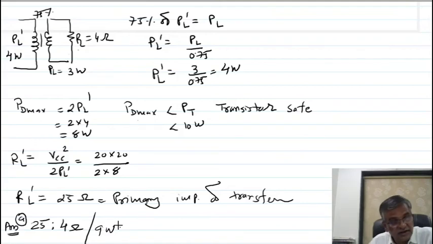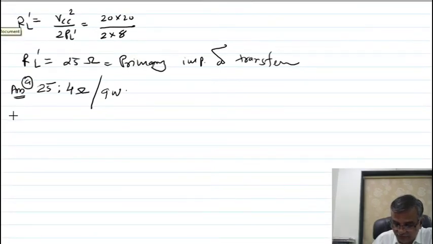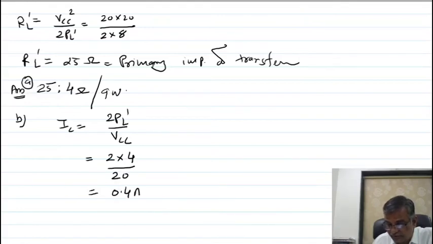Now let us do the calculation for the second part, B. For B I can write IC is nothing but 2PL dash upon VCC. So 2 into 4 upon 20, so 0.4 ampere. Now they are asking you the operating point, means they are asking you this coordinate.